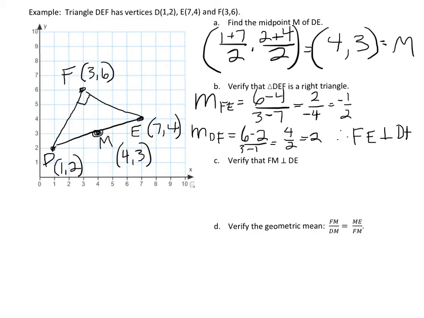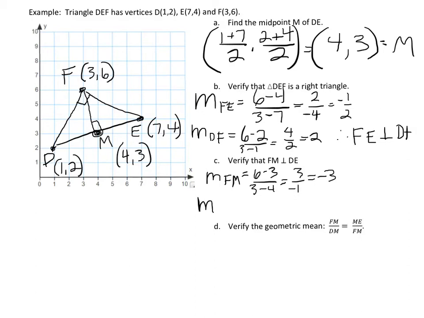Now it asks us to verify that FM is in fact an altitude, so that is a right angle. So I need to show that, and I do a very similar thing. I say, what's the slope of FM? So I look at F, and then I do rise over run, so change in Y, 6 minus 3, change in X, 3 minus 4, so I get 3 over negative 1, negative 3.